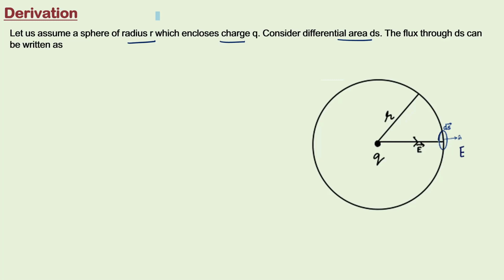For flux calculation, area should be considered as a vector quantity, whose direction is normal to the surface.